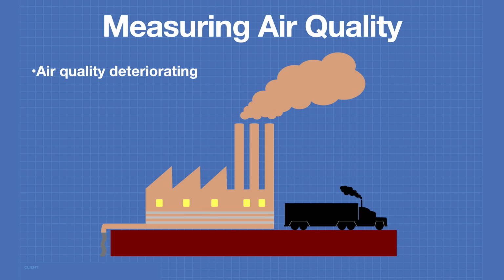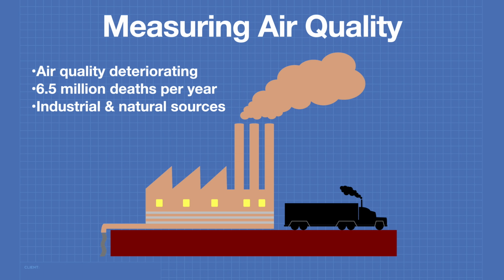There's no denying that the quality of our air is continually deteriorating. Air pollution is responsible for over 6.5 million deaths per year. Pollution can originate from industrial sources, but could also be originating from natural sources such as forest fires. We can divide air pollution into two categories: outdoor pollution and indoor pollution, pollution from items within our own homes. Often indoor pollution is a combination of both outdoor and indoor pollutants.